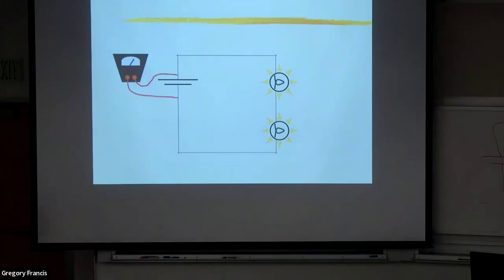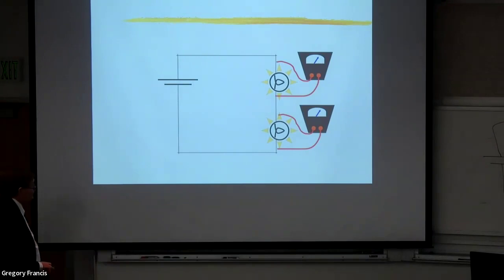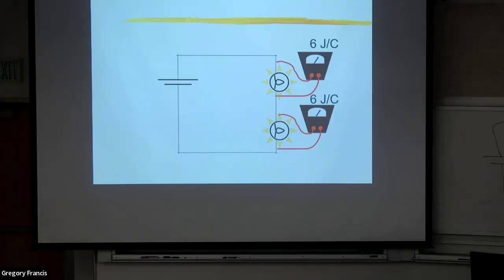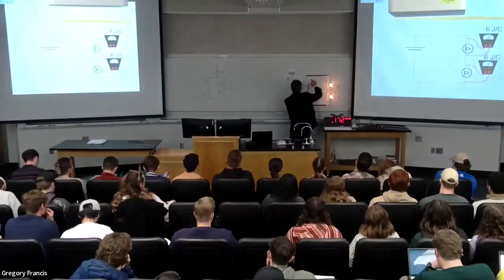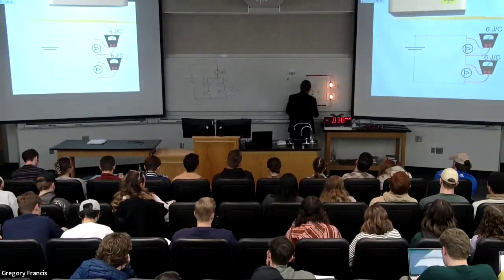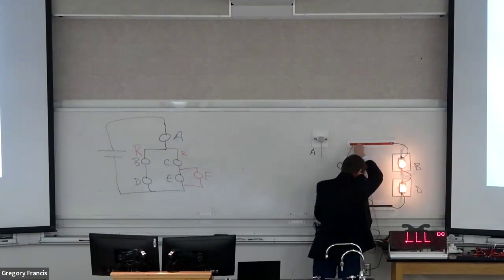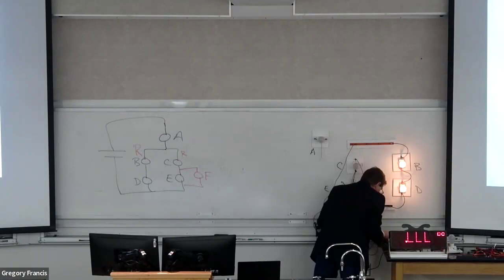Now, if I measure the voltage across that battery, I still get 12 volts or 12 joules for each coulomb. And if I measure the voltage across each of the bulbs, I get 6 volts across either. Let me demonstrate that for you. The voltage across the battery is going to be from this red bar to the black bar.